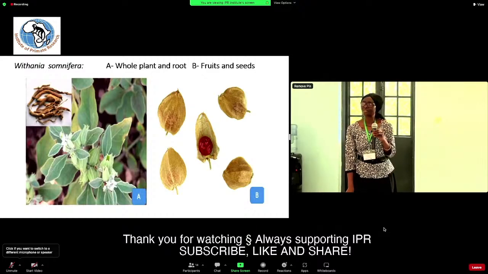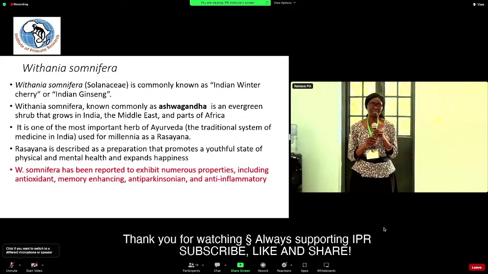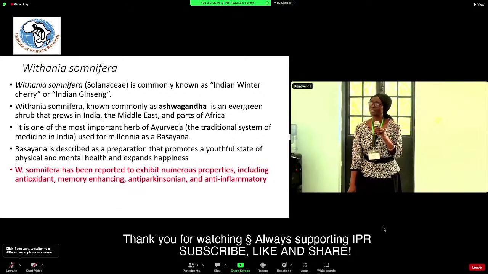Next. So Withania is one of the herbs commonly used, which has been extensively studied to be important in the treatment of many other diseases. It is particularly extensively used in Indian medicine, known as Ayurveda.